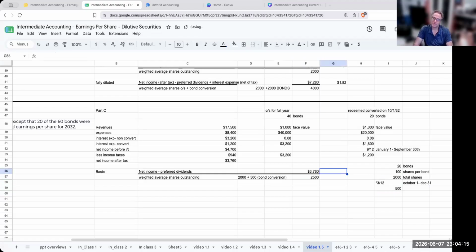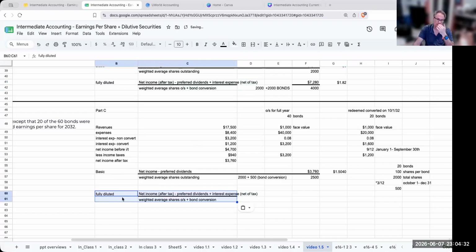So this is going to be 2,500. So my basic earnings per share is going to be a little bit more than $1.50.